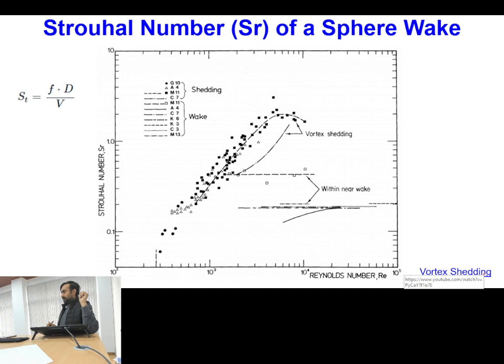a sphere. If you have to determine the frequency of vortex shedding, it can be non-dimensionalized in terms of the Strouhal number, and the Strouhal number is f into D by V. So this is the definition of the Strouhal number.